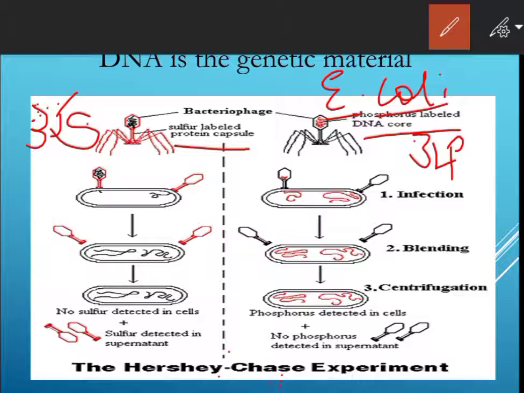When they were spun in a centrifuge, the virus particles were separated from the bacteria. So, dear children, the third step is centrifugation. They observed that the bacteria that were infected with viruses containing radioactive DNA were radioactive, whereas the bacteria that were infected with radioactive proteins were not radioactive.